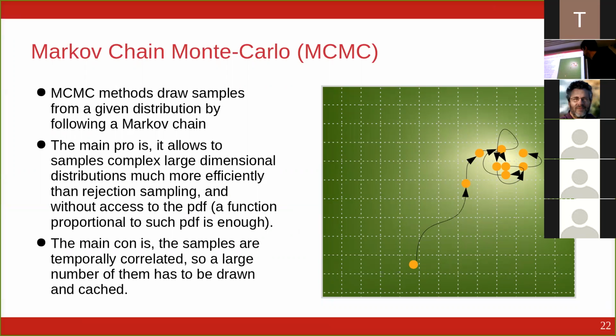Okay, so this is good. This allows you to sample the true posterior, but it means you have to store a lot of samples to be able to decorrelate them later and resample from that batch.